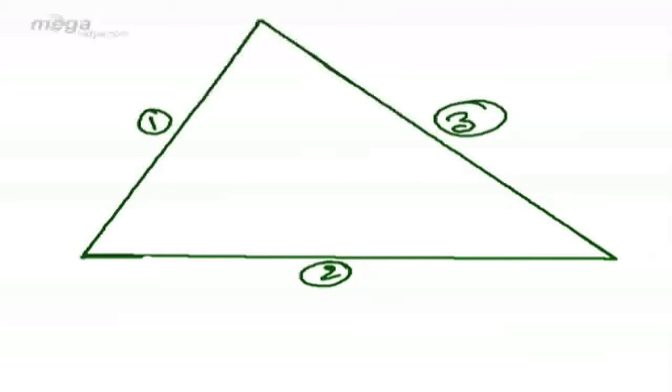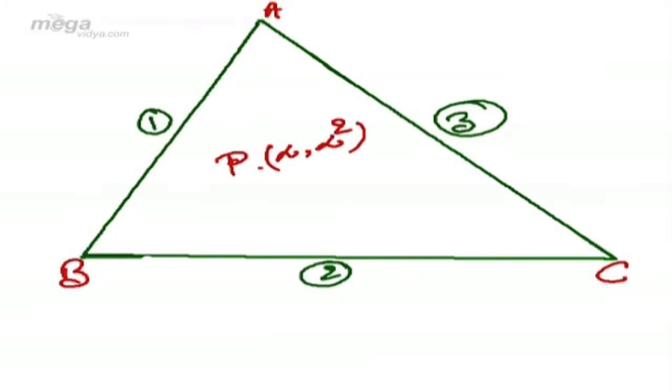This is point A, this is point B and this is point C. Now according to the question, the point alpha comma alpha square should lie inside this triangle, anywhere inside it. Suppose I take the coordinate of this point as alpha comma alpha square, and I take this point as P. So this P alpha comma alpha square will lie inside this triangle.